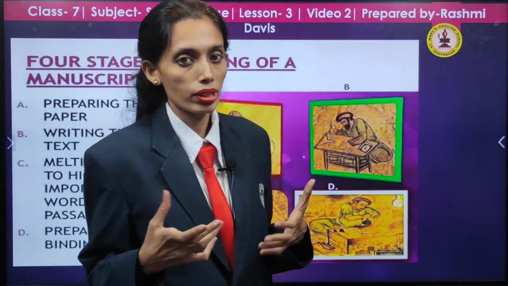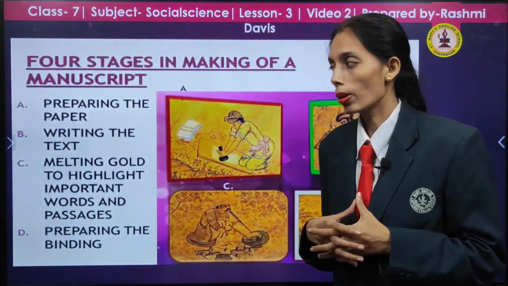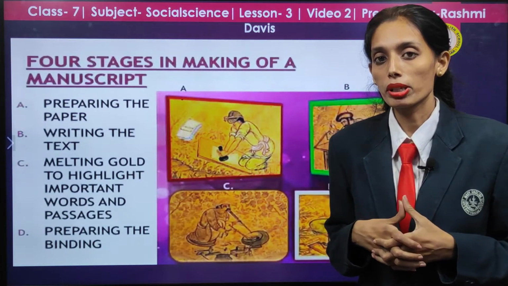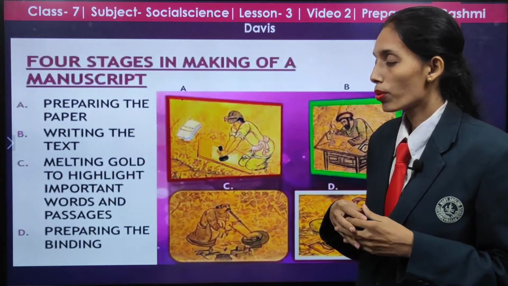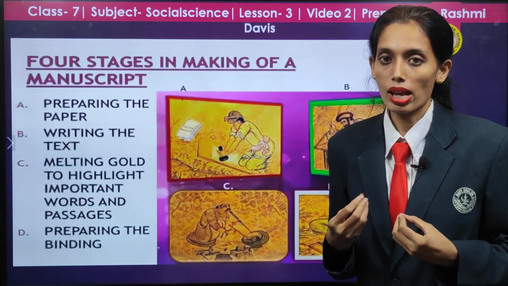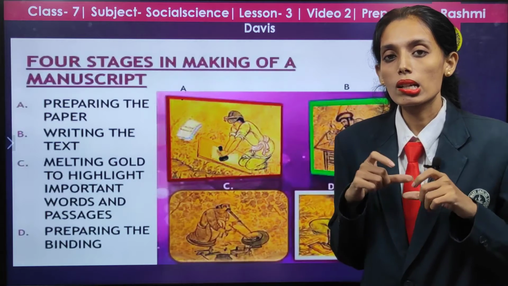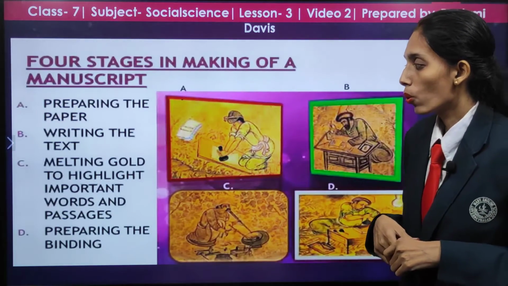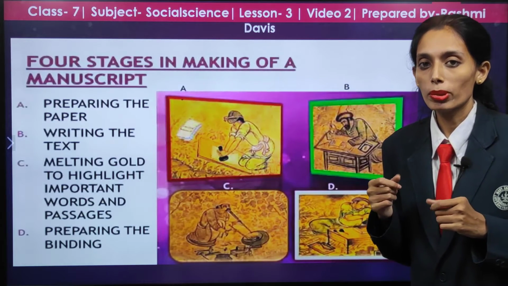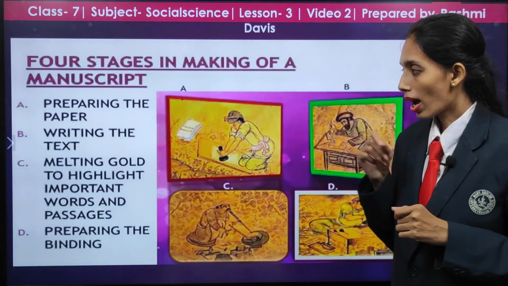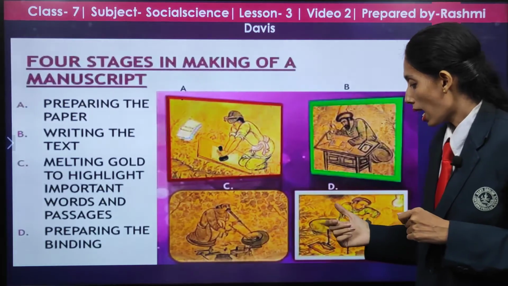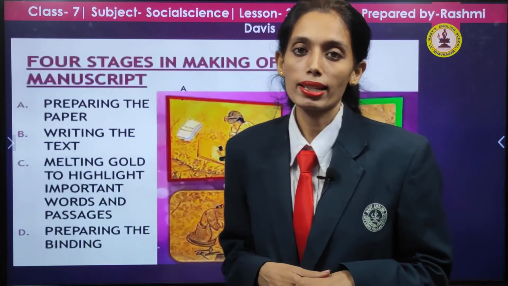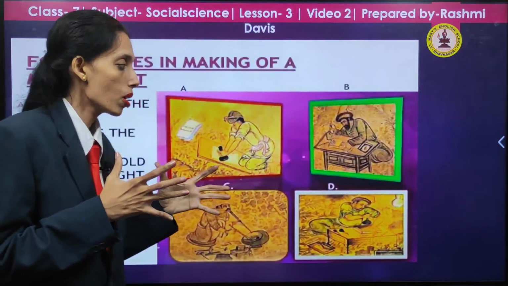Nowadays we have highlighters in different colors, but during the Sultans' time, kings appointed scribes who highlighted certain important words or passages with gold color. And the last stage, children, is preparing the binding, where they bind the book.